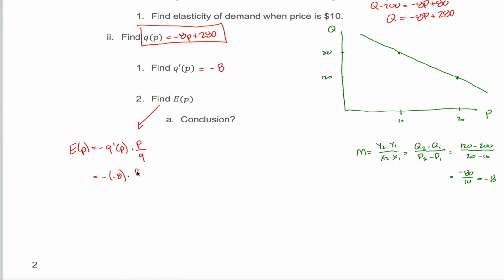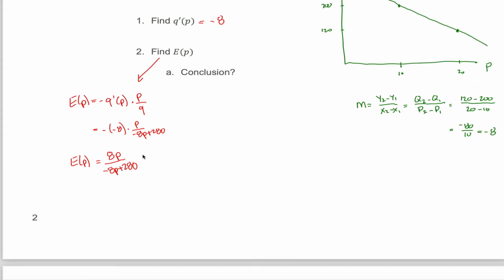P is a variable. We'll leave it as the letter p. And q is a function that we have an expression for in terms of p: negative 8p plus 280. If I simplify this a little bit, I get my elasticity of demand at a price p is equal to the negative of negative 8, in other words, positive 8, times p divided by negative 8p plus 280.